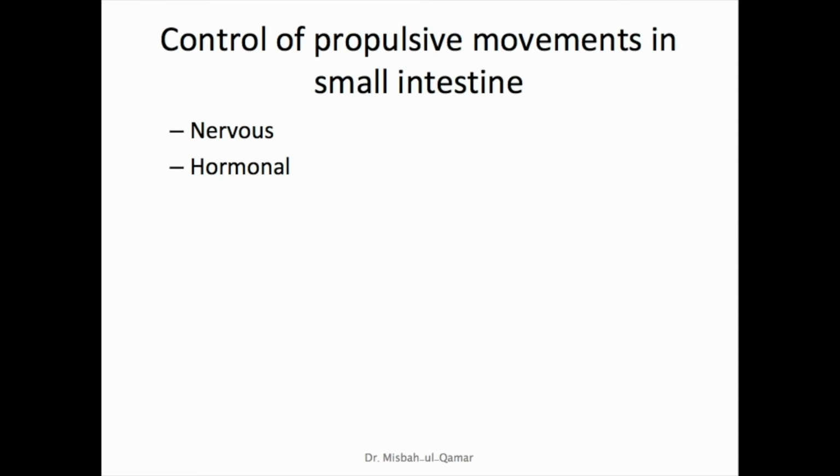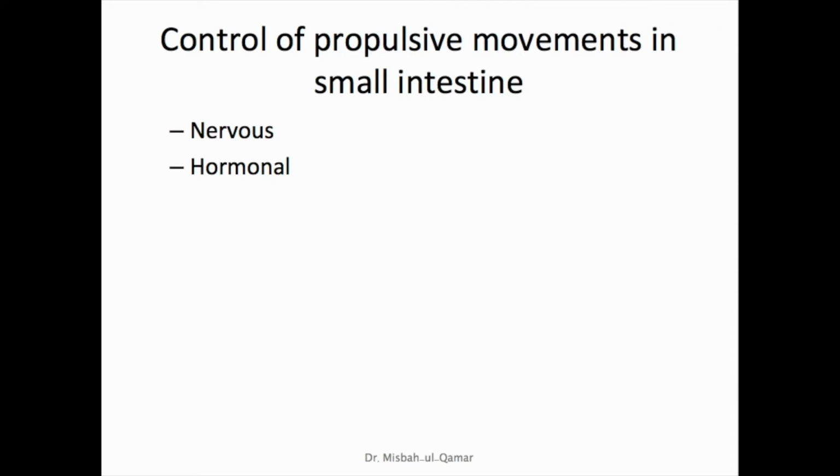The control of these movements can be achieved through nervous and hormonal signals. Nervous signals for intestinal peristalsis are achieved through distension by beginning of entry of chyme in the duodenum, resulting in the stretch in duodenal wall.